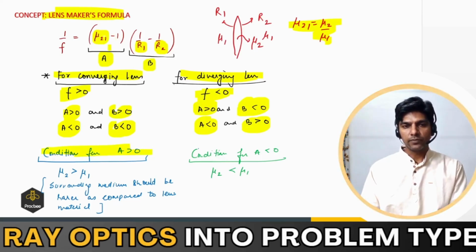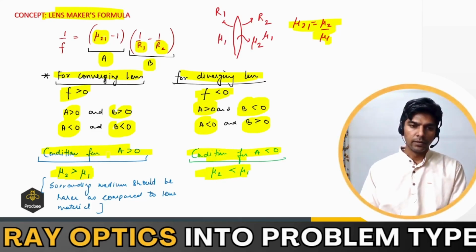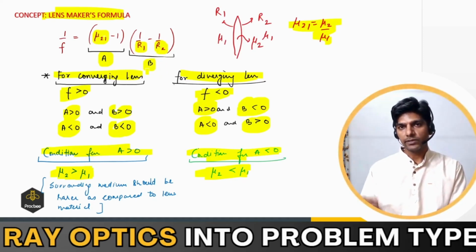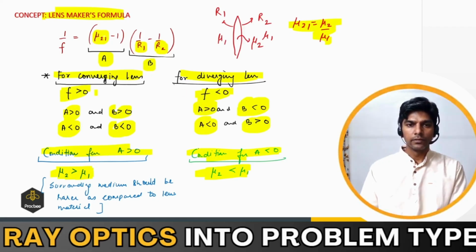A will be positive if the lens is placed in a rarer medium, if mu2 is more than mu1. And the condition for A to be negative is when mu2 is less than mu1, right? And when do we have B as positive? B will be positive in case of convex lenses and B will be negative in case of concave lenses. Okay, so this thing you have to remember.